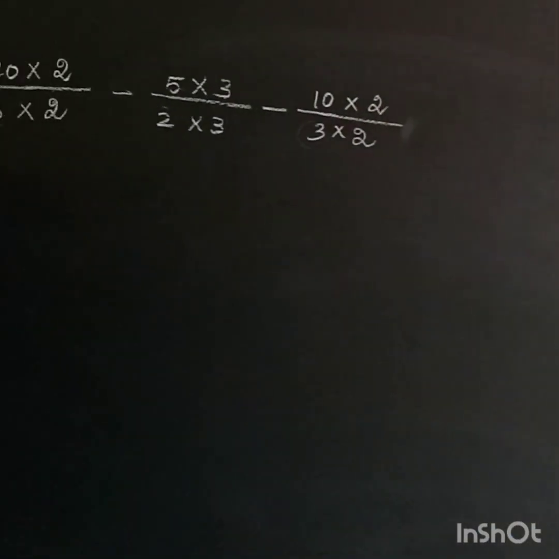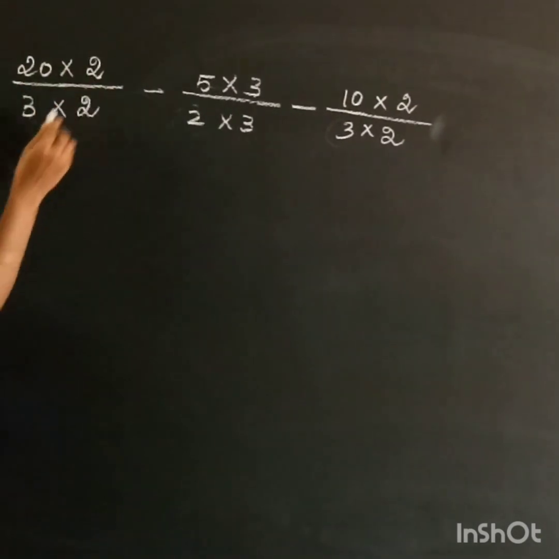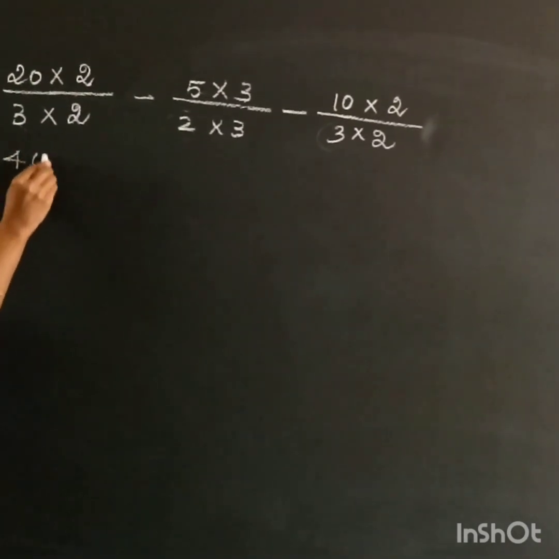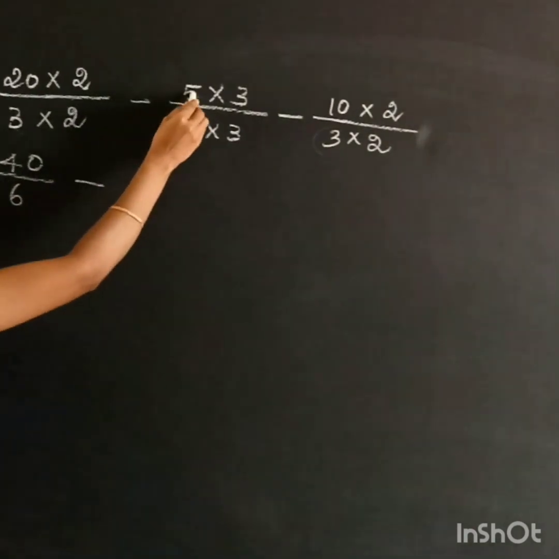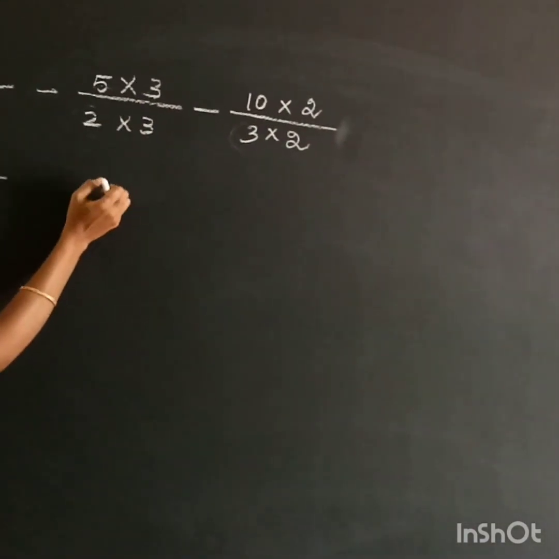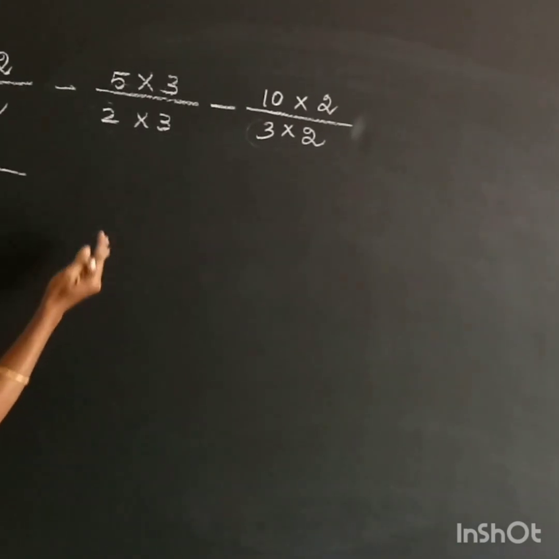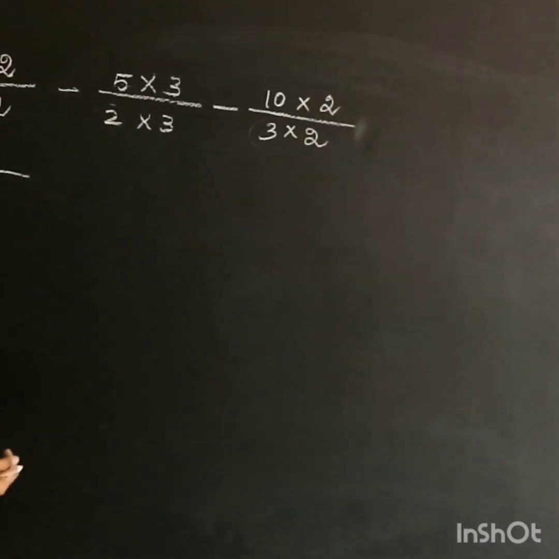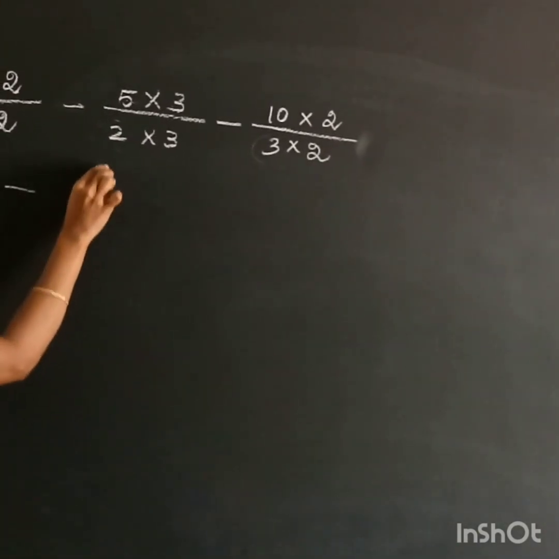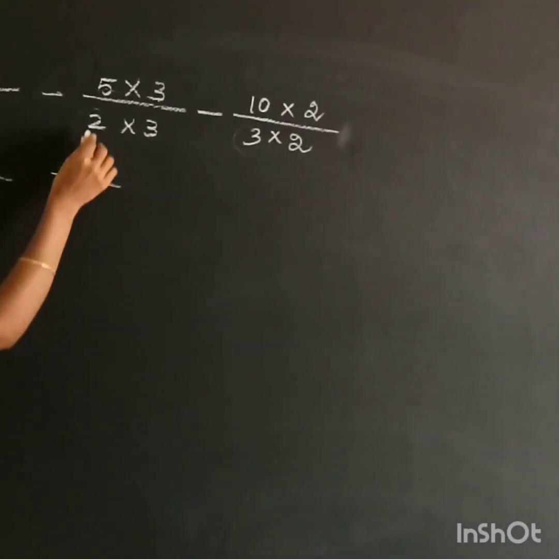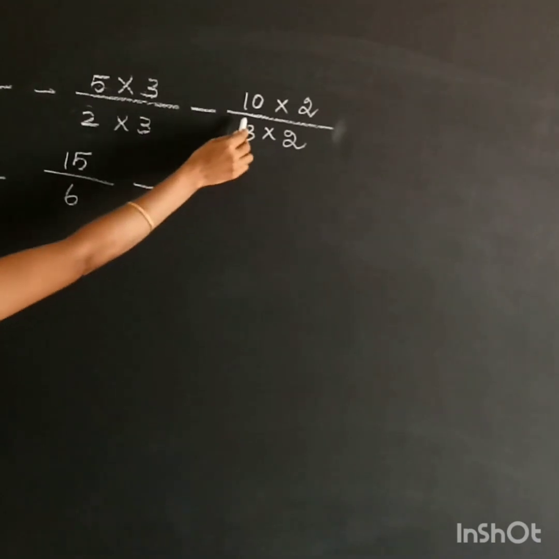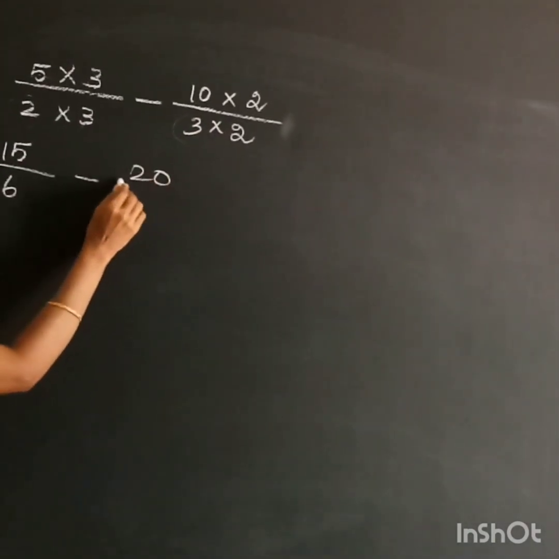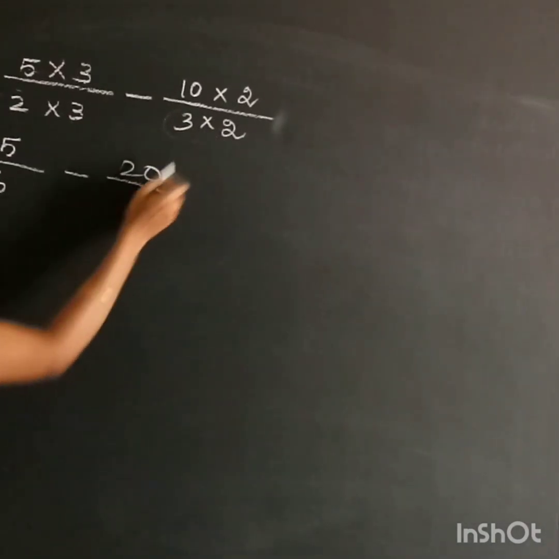That is equal to 20 into 2, 20 2s are 40 divided by 6, minus 5 3s are, say the table, 1 3s are 3, 2 3s are 6, 3 3s are 9, 4 3s are 12, 5 3s are 15, 15 divided by 6, minus 10 2s are 20 divided by 6.